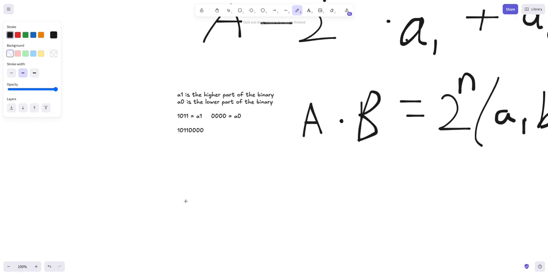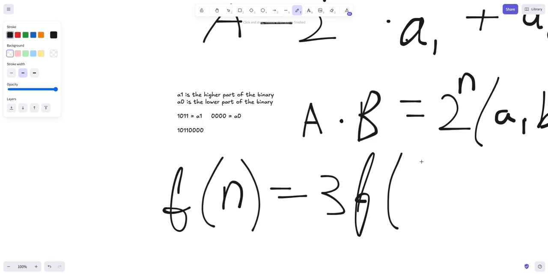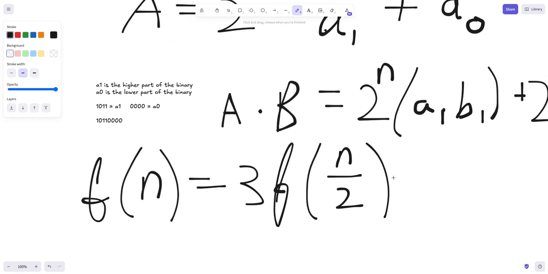So immediately you have f of n is equal to 3 times f of n over 2 plus cn.